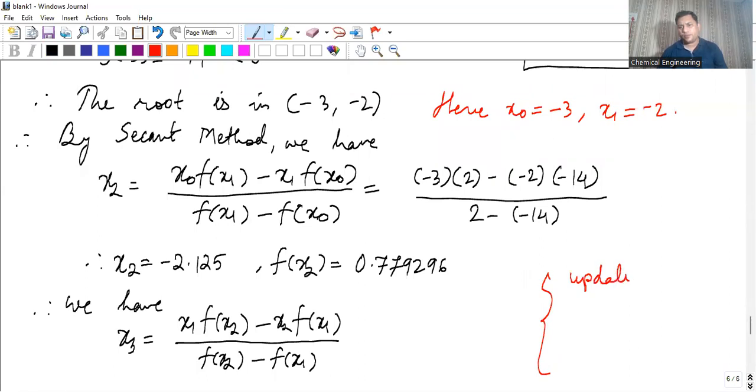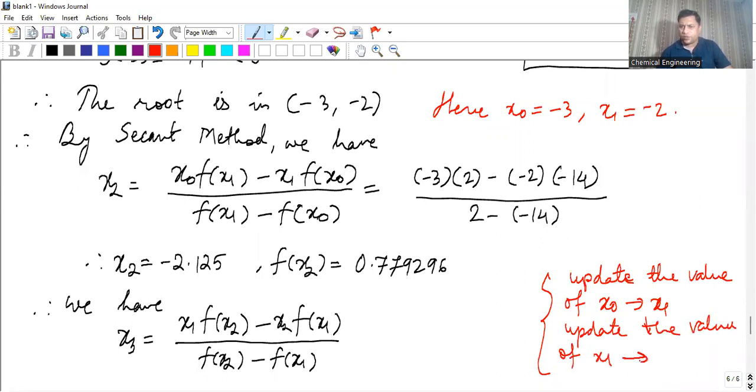Update the value of x0 to x1, which means x0 becomes x1 now, and update the value of x1 to x2.